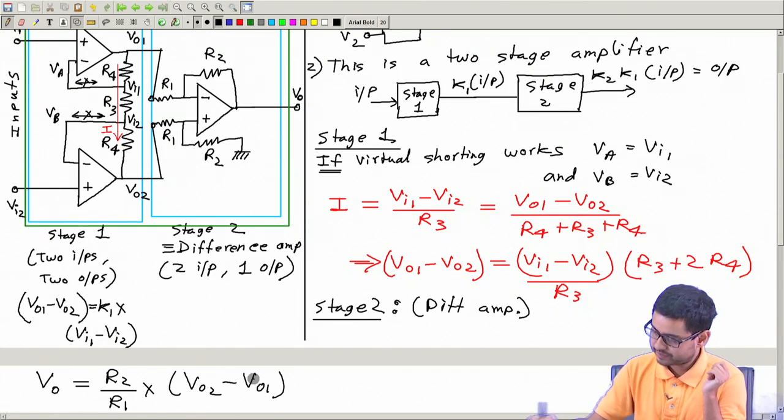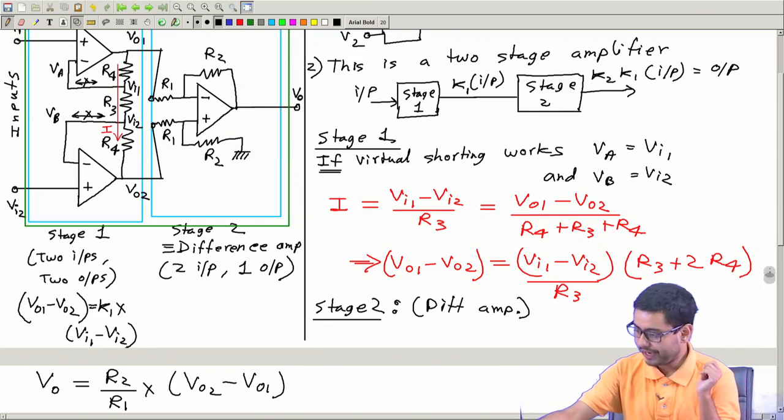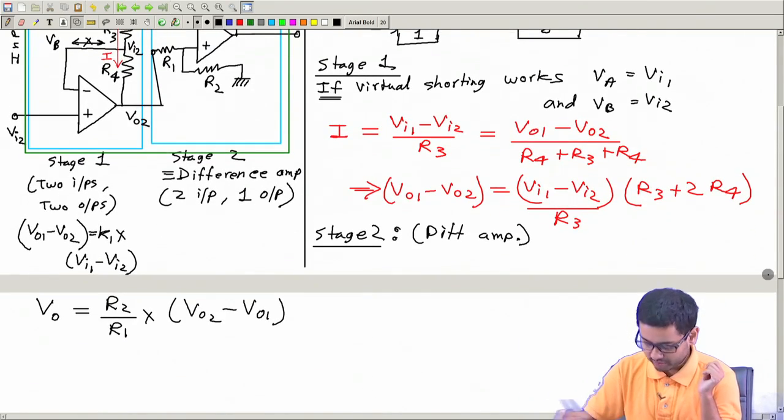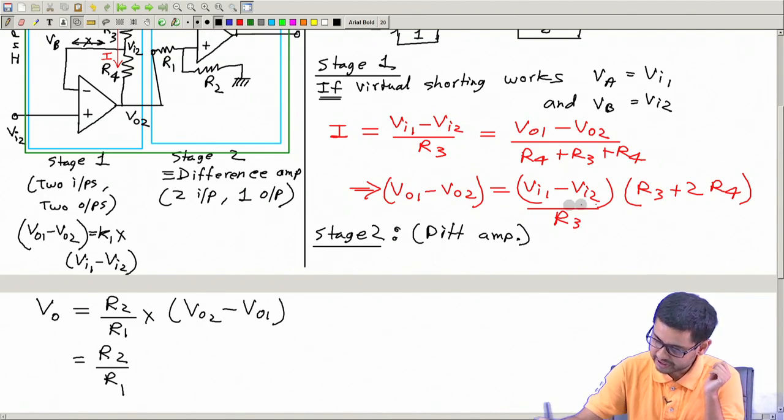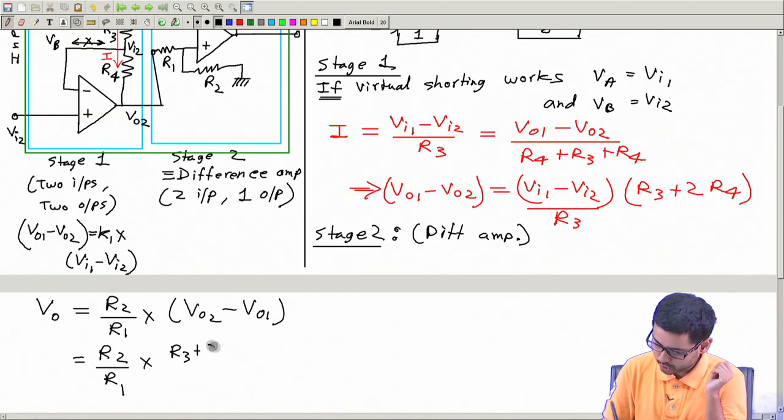From this we can easily write this is equal to R2 by R1, multiplied by R3 plus 2 R4 by R3 from here, whole multiplied by Vi1 minus Vi2.